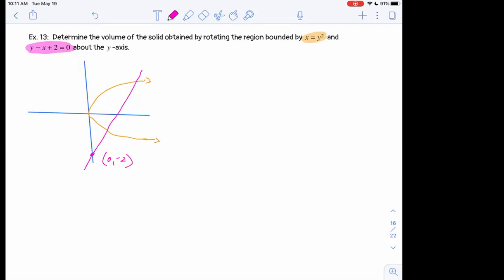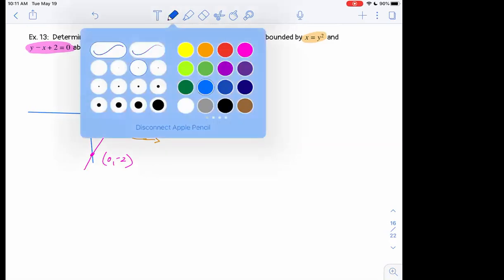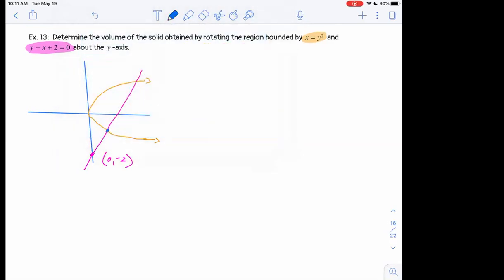And so once I've drawn my shape, I realize they didn't give me bounds because this is a fully enclosed shape. And so it's up to us to find the coordinates of this point down here and this point up here, okay? So a lot of times I've said, if you need to find the intersection points, you set them equal to each other, all right?